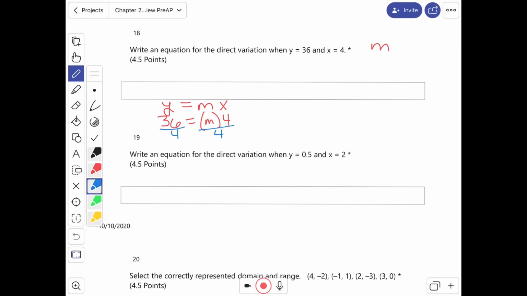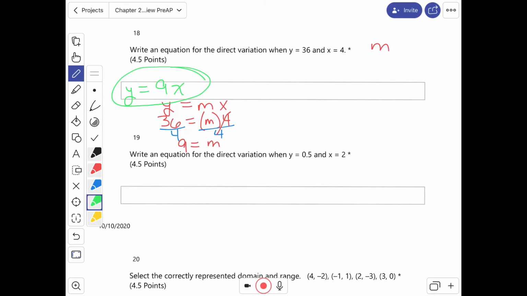Well, if I divide by 4 on both sides, 36 divided by 4 is 9. And the 4's cancel, so 9 is equal to m. That means my formula that I would put in is y equals 9 times x. Since m equaled 9, the formula I would use is y equals 9x.